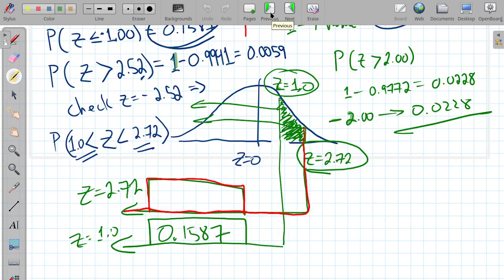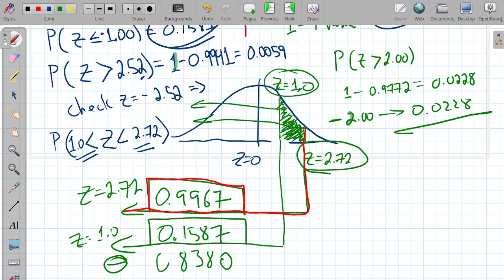Let's put that in: 0.9967. So now when we subtract these values, 7 minus 7 is 0. 16 minus 8 is 8. Then we have 8 minus 5 is 3. And we get that. So the answer here is 0.8380.